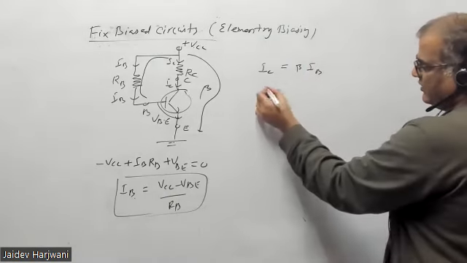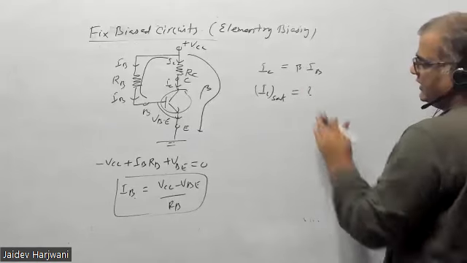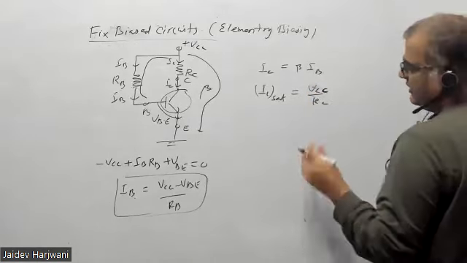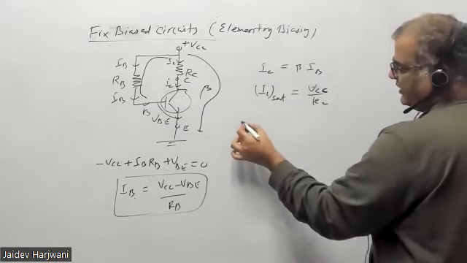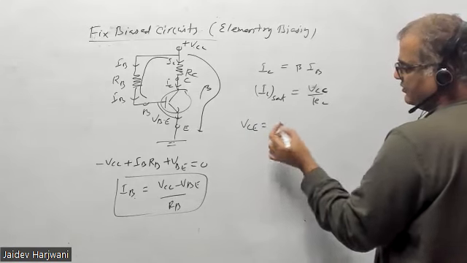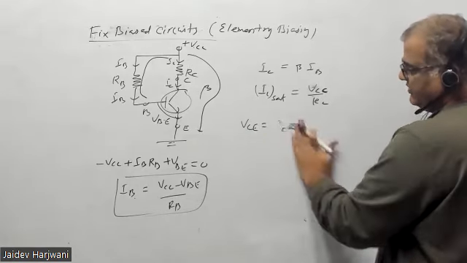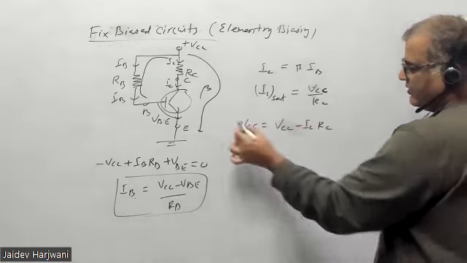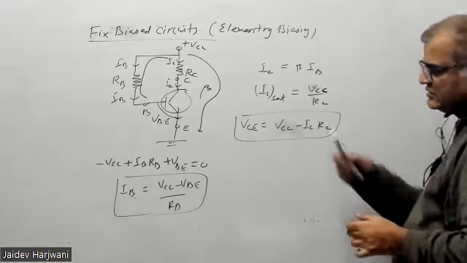Then you have to compare this with IC saturation in the circuit. IC saturation is VCC upon RC. Once you decide the actual current, you can find VC equal to VCC minus IC RC, the same equations. You can find the operating region for this circuit.